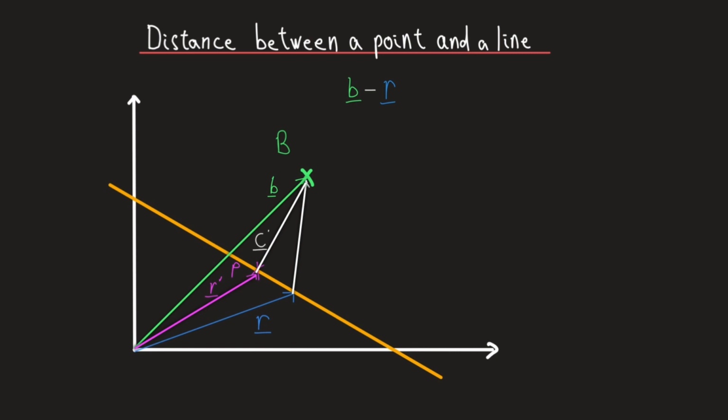And if we draw out a line that is perpendicular to our orange line, we notice that our vector C prime is parallel to that red line. And so if we manage to find our vector C prime, the only thing that's left to do is find its length. And if we have its length, we get the shortest distance between the point and our line. Because remember, our vector C prime is perpendicular to our orange line, and therefore it's associated with the shortest distance between our point B and our line.